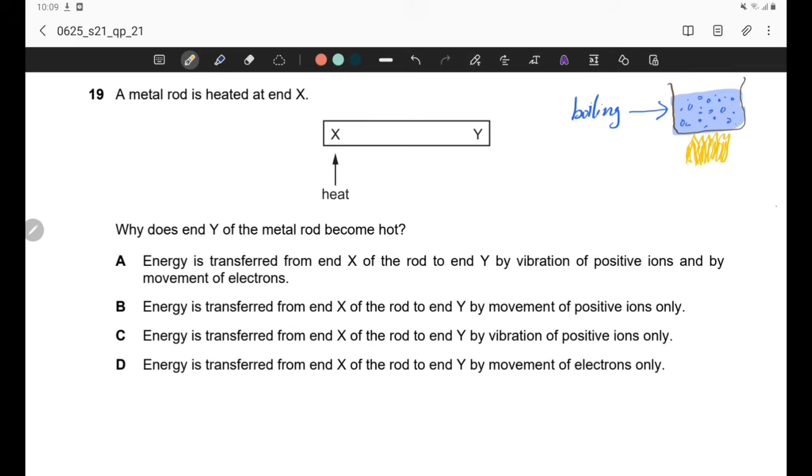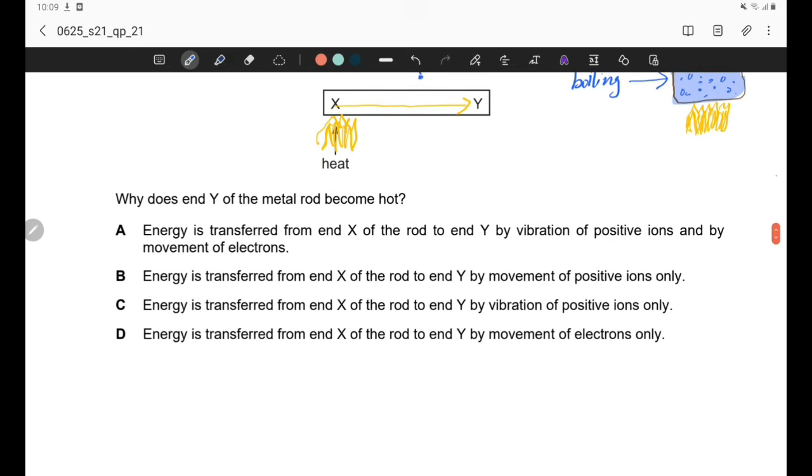If the metal rod is heated at the end of X, here you are applying thermal energy. This thermal energy will transfer to the other end. But how? This is the question. So basically this is due to the process of conduction, a way of thermal energy transferring in solids.